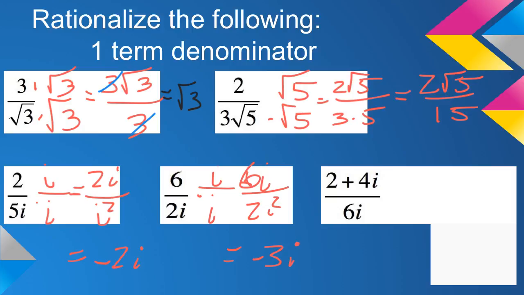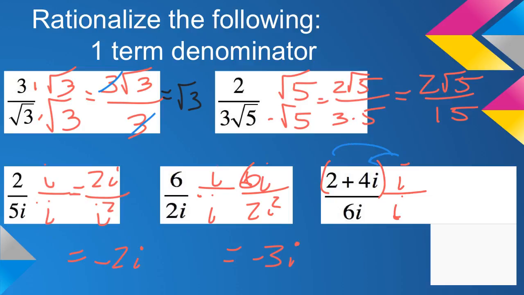I squared is -1. And now for that last example, you've got 2 plus 4I, all divided by 6I rather. Again, it's not the 6 that's bad, it's the I that we don't like. So we're going to multiply by an I on bottom and on top. Now this one's a little bit different because you have 2 terms to distribute that I to.